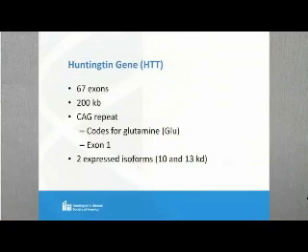So now let's take a brief look at the Huntington gene, since we're talking about the genetics of this disease. What is this gene? In genetic terms, it's a fairly large gene. It has 67 exons. Those are the parts of the gene that code for a protein. That's 200 kilobases long, and that CAG repeat expansion is at the very beginning of the gene in exon 1.